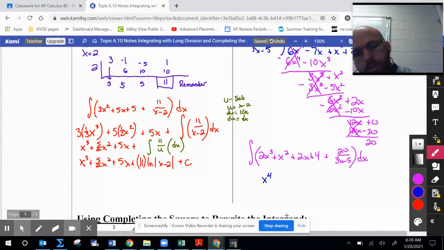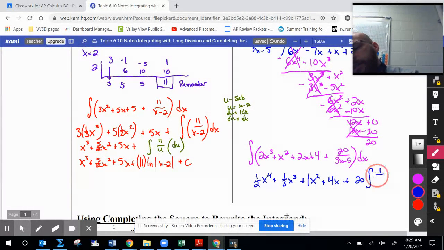If I do the reciprocal times 2, that would give me a 1/2 x to the fourth plus a 1/3 x to the third plus an x squared, because when I do the reciprocal times 2, that would just be 1, right? Plus a 4x plus, now I have this 20 times the antiderivative of 1 over 3x minus 5 dx, right?